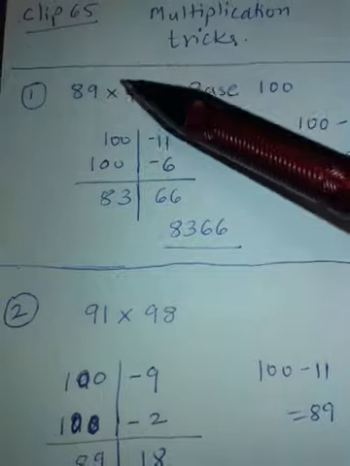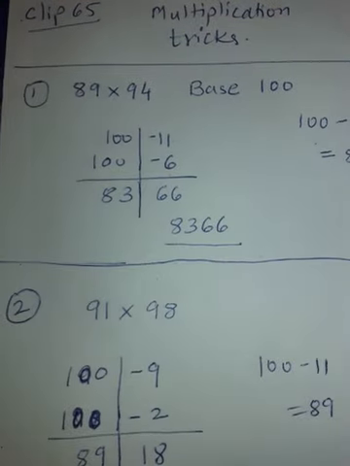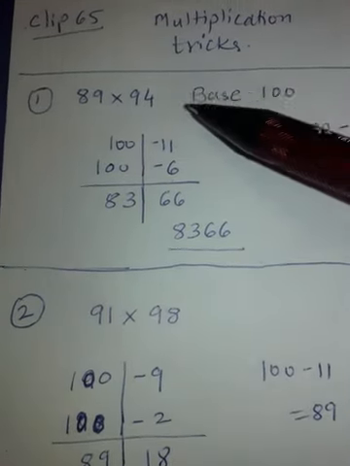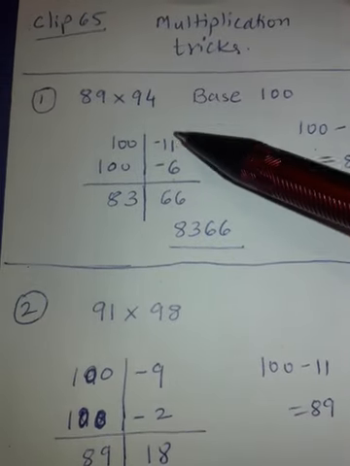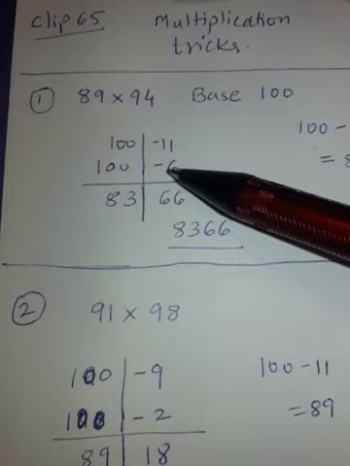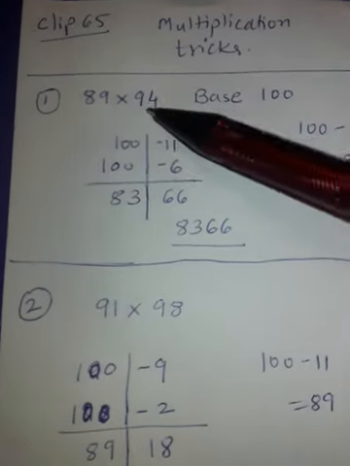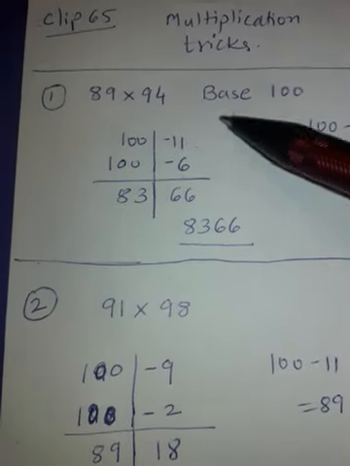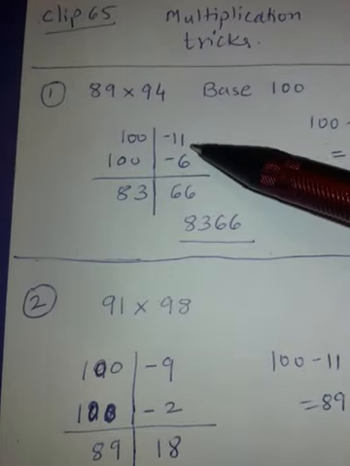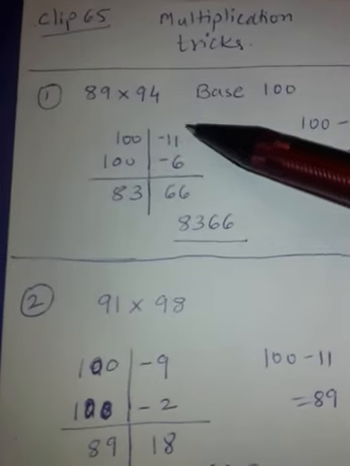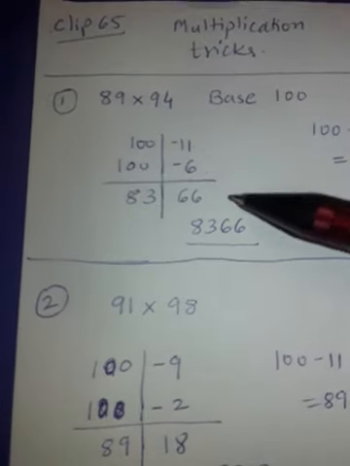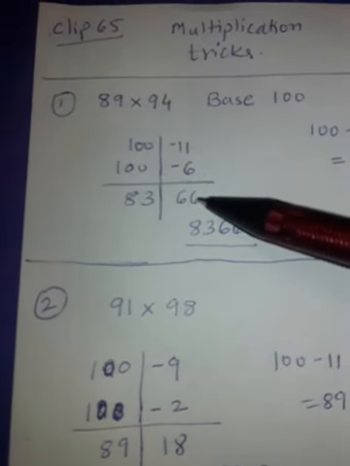So this sum is given to us: 89 multiplied by 94. Now what is 89? 89 is 100 minus 11. 94 is 100 minus 6. So I have written these two numbers in the form of 100, taking base common as 100. Now I am going to take the product of these two numbers. Minus 11 multiplied by minus 6 is 66.